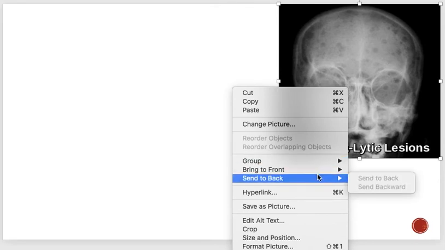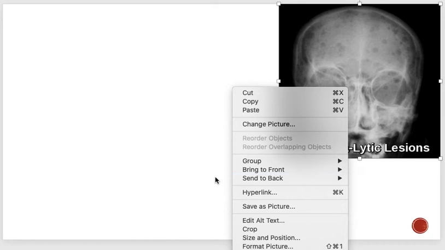Now there is also increased bone resorption secondary to osteoclast activation in these patients.